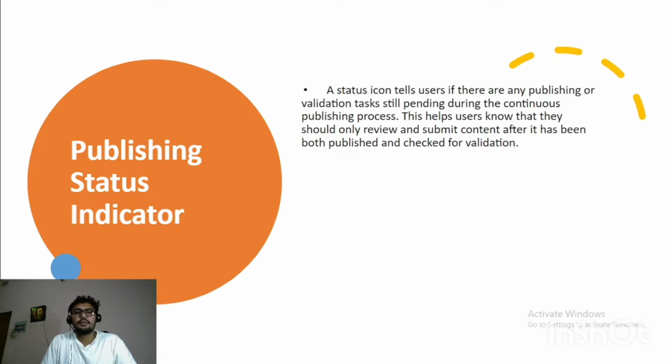So it is a kind of status. It tells users if any publishing or validation test is still pending or not, any error or not, right? So this is also a good feature, and this helps users know that they should only review and submit content after it has been both published and the validation checked, right?